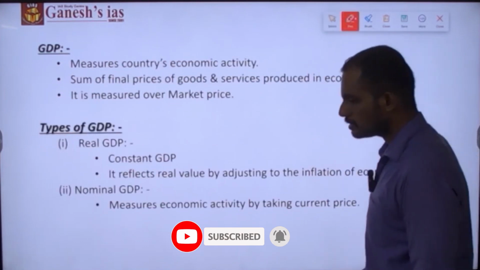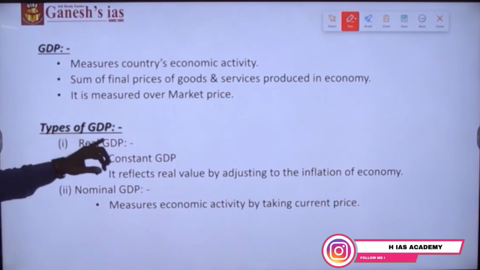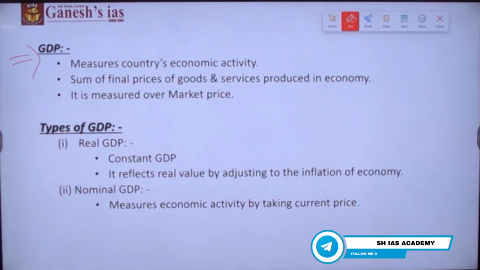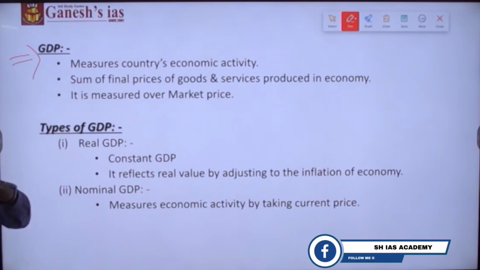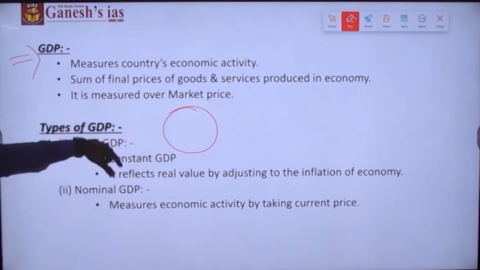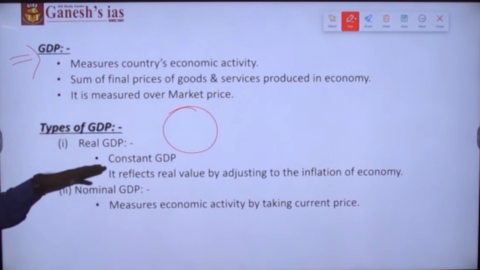Okay. Since the news is related to GDP, let's discuss what GDP is. GDP is the measure of a country's economic activity. The economic activities are the production that takes place within the boundary of the country. It is the sum of the final price of goods as well as services produced within the border of the country, and in India it is measured at market price.